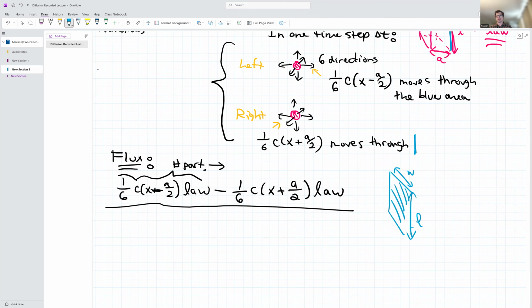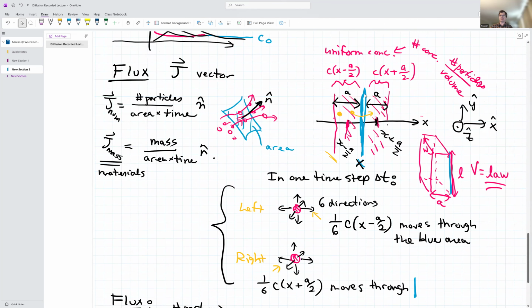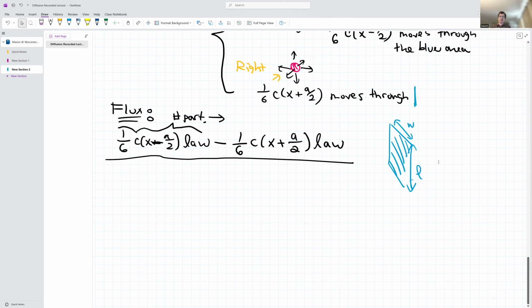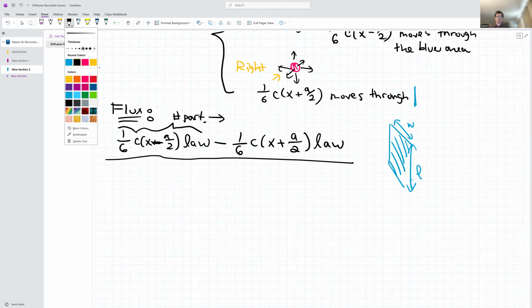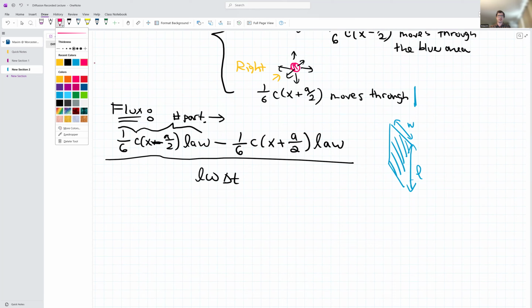That's just the blue area that we're looking at the edge of right here. I should show you, the blue area is just this guy. Okay, so the area is just L times W, and all of this happens in time delta t. So we have some cancellations: the LW cancels the LW, canceling the LW.